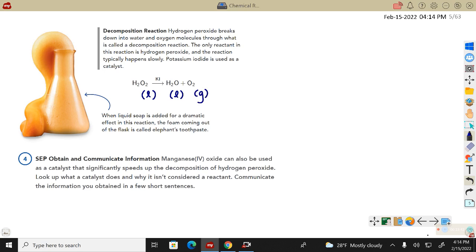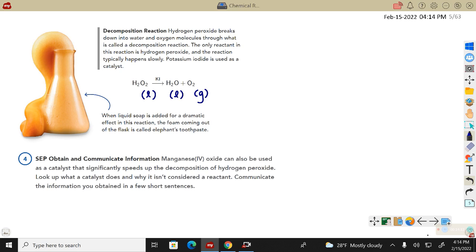Now this reaction happens on its own in nature, but you can speed it up by using a catalyst. So they're saying potassium iodide is used as a catalyst. Here's an example of where you might see a symbol for a formula written above the arrow, and it is just telling you that this reaction is being sped up by the addition of a potassium iodide catalyst.